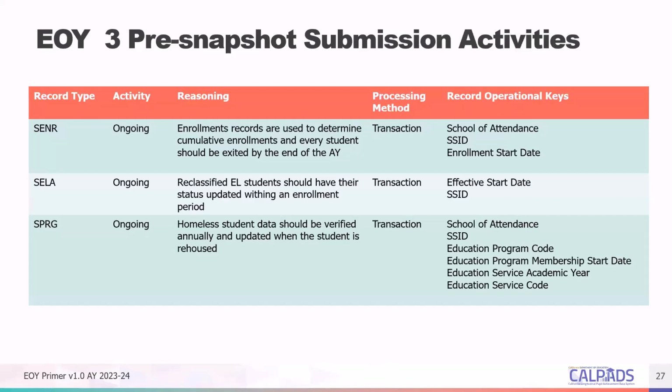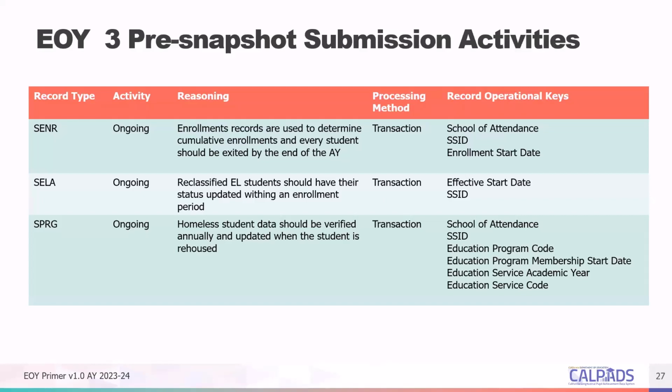So every student will require an SENR record to close their academic year enrollment after the testing window finishes. Students who are RFEP during the year are reported. And those who are RFEP'd over the summer must have their status date correspond with the period of enrollment. So if they are not enrolled over the summer, they'll need to have their status date correspond with the period in which they are enrolled.